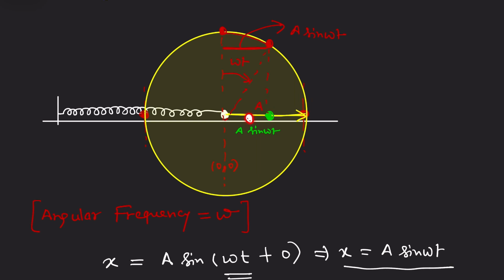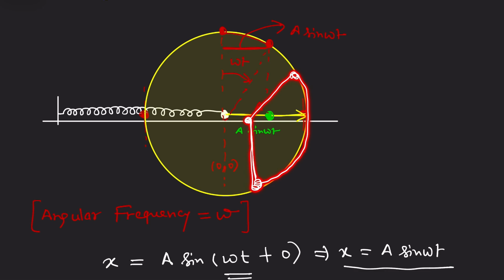I'll try to show you, one minute. Suppose when the particle has reached here, our particle has also moved here, and gives the shadow here.